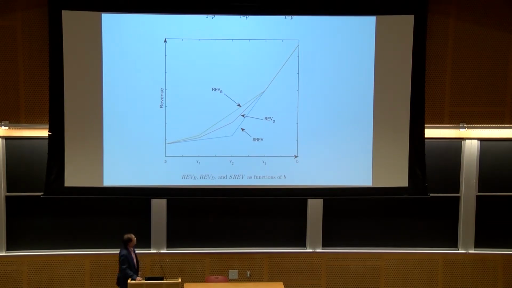But it's interesting to note that the Bayesian revenue is strictly bigger than the dominant strategy revenue, except in the case when the high valuation is sufficiently high that you don't need to do anything sophisticated. You just sell things using the high valuation as the threshold. So this is an interesting phenomenon.